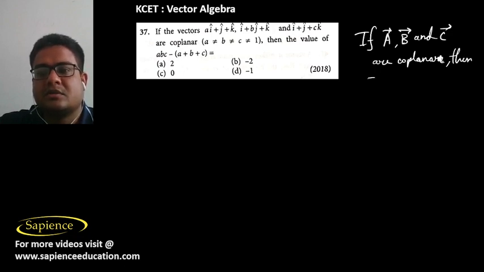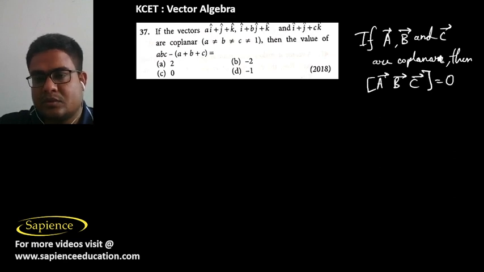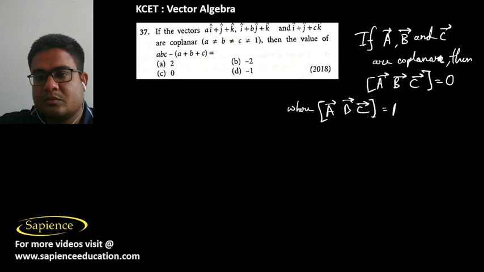Their box product ABC should be equal to zero, where the box product is the scalar triple product, that is A dot B cross C.